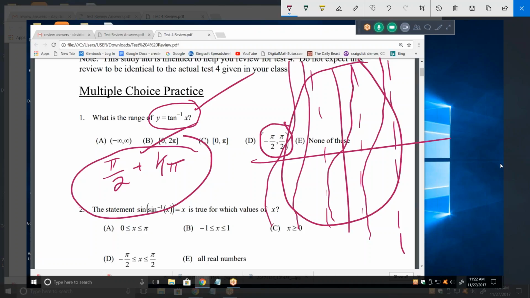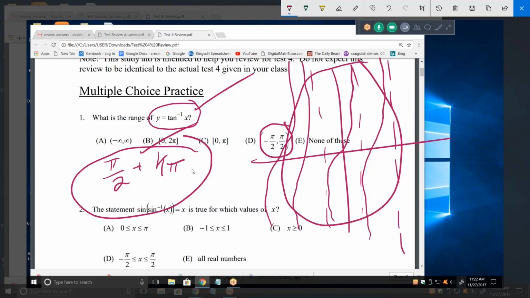Do you have an actual professor that you can talk to? Yeah. Well, this might be one that you might want to talk to him about. And if you understand the way I explained it to you, then you could explain to him why the range is not minus pi over 2 to pi over 2. It's pi over 2 plus k pi. And that's probably not an important distinction to him at this point, because he's only taken you so far up the math difficulty scale.